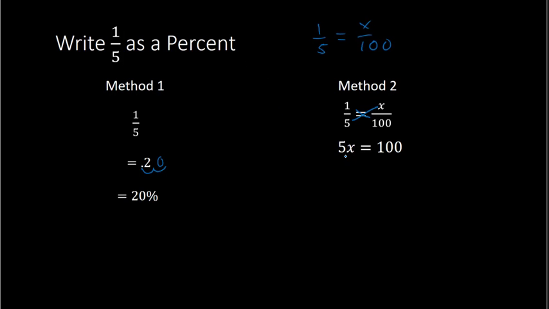And then from here I can divide both sides by 5. When I divide both sides by 5, on the left I have x, and on the right I have 20. So my solution would be 20 over 100, which would be 20%. So 20% is my solution.